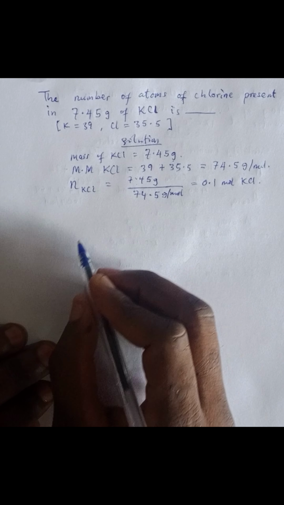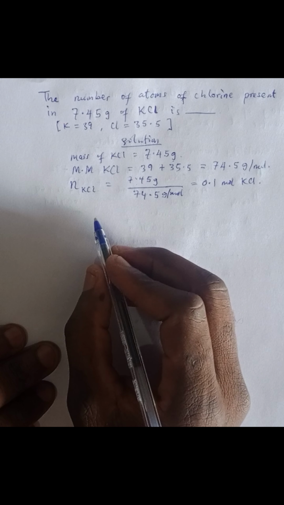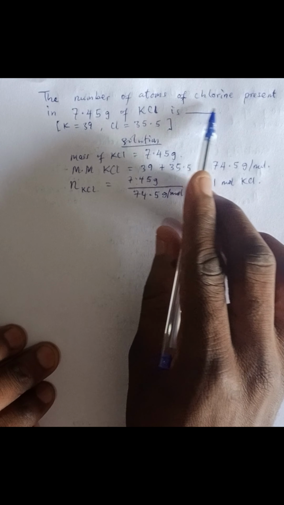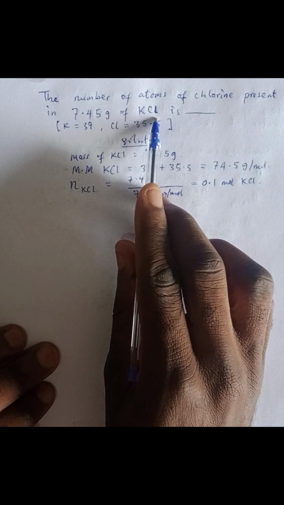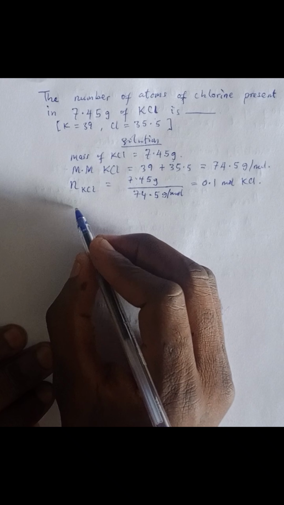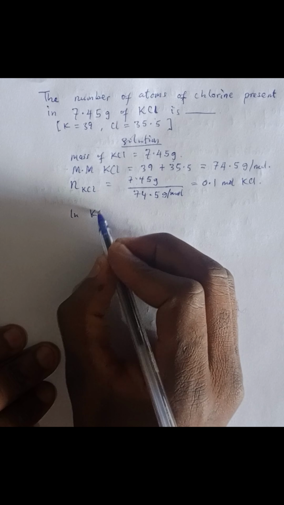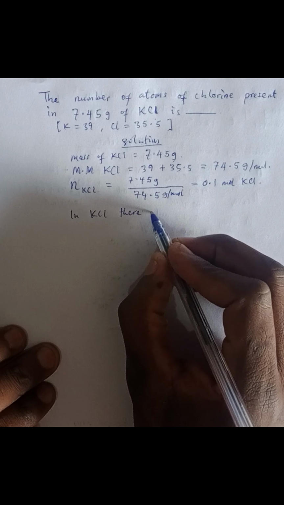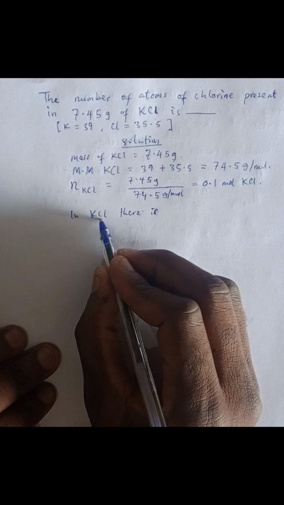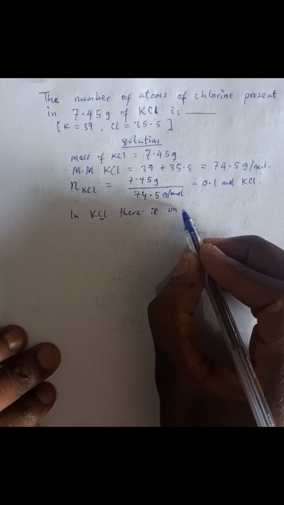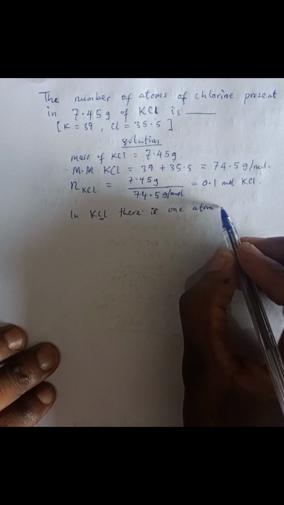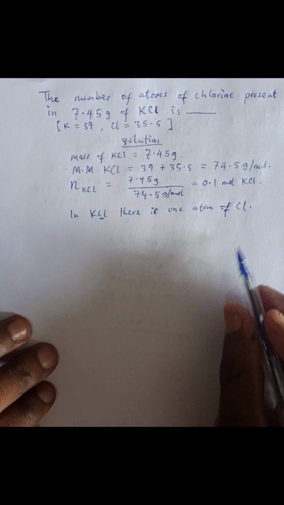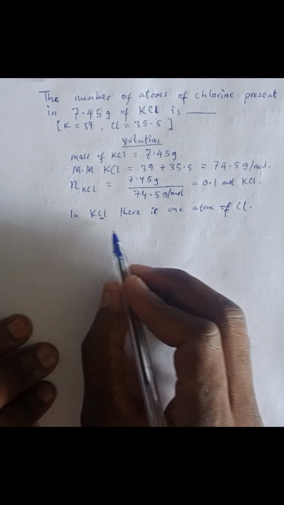Right now, let's look at this. We have been asked the atoms of chlorine that is present in this amount of KCl. Now in KCl, there is one atom of Cl, one atom of chlorine. That's just it.